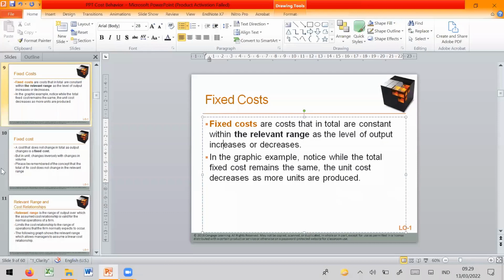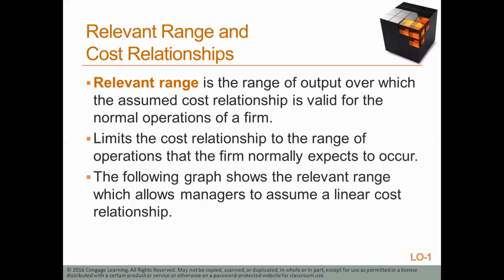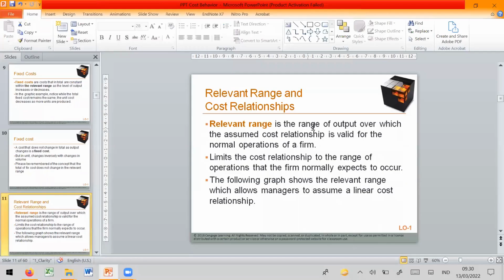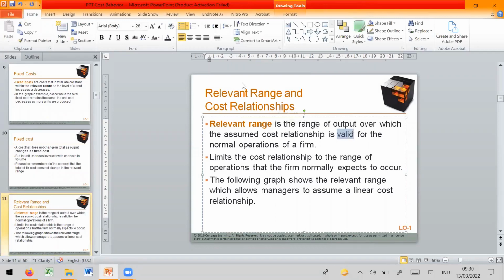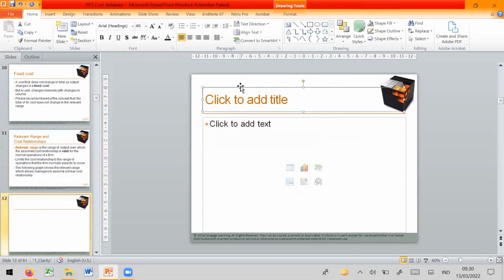Okay, so what is the relevant range? The relevant range is the range of output over which the assumed cost relationship is valid for the normal operations of a firm. So maybe to understand it, I will explain like this.